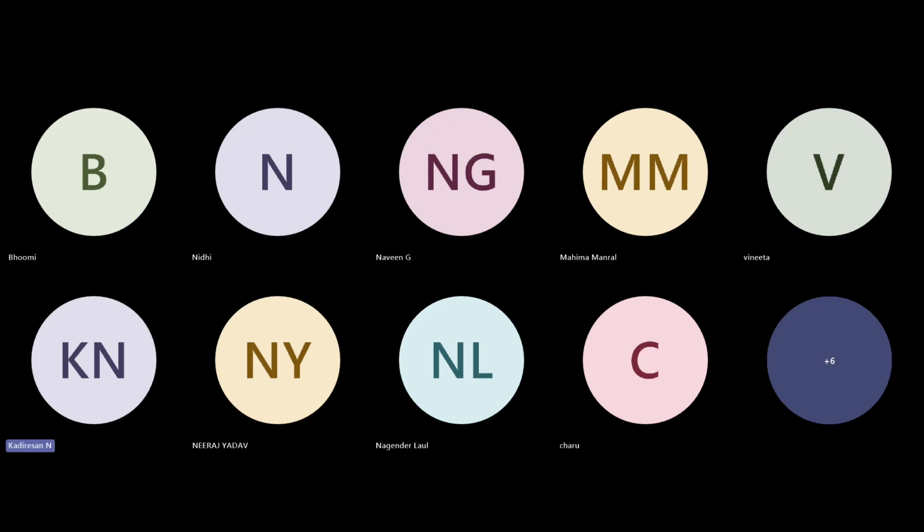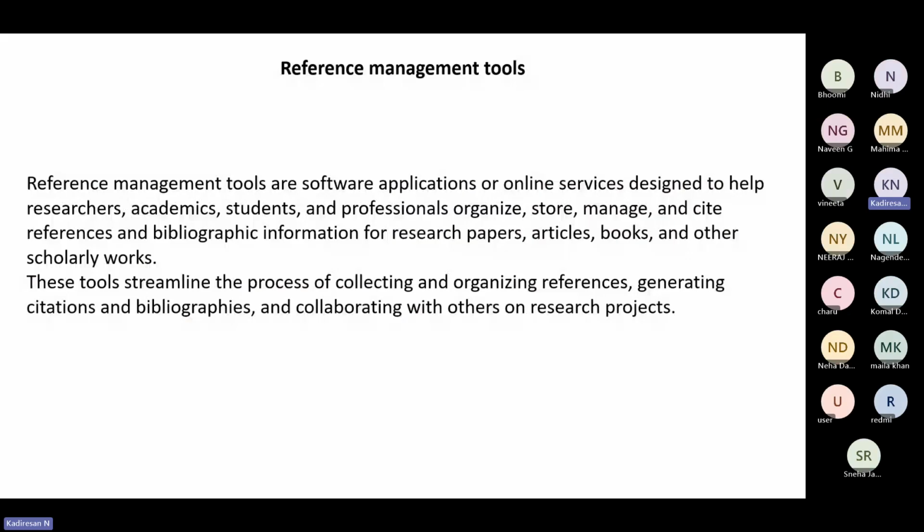Basically, these reference management tools are software applications or online services designed to help researchers, academics, students, and professionals organize, store, manage, and cite references and bibliographic information for research papers, articles, books, and other scholarly works.